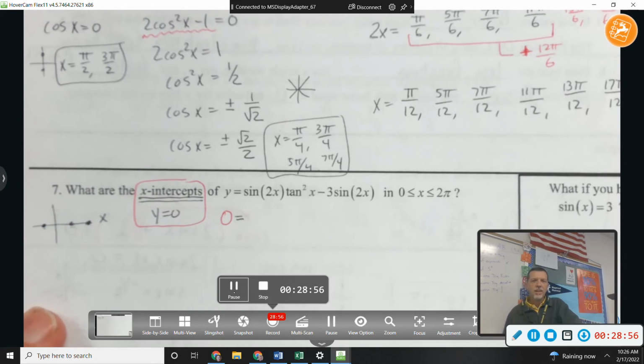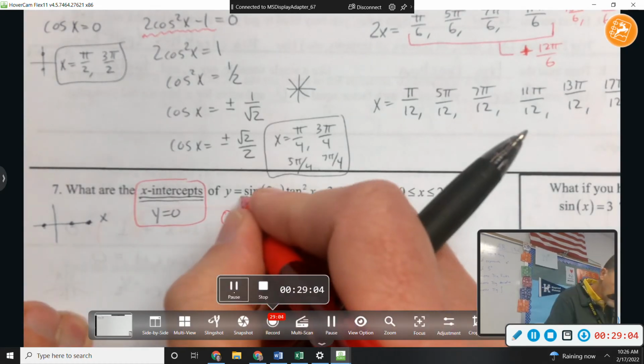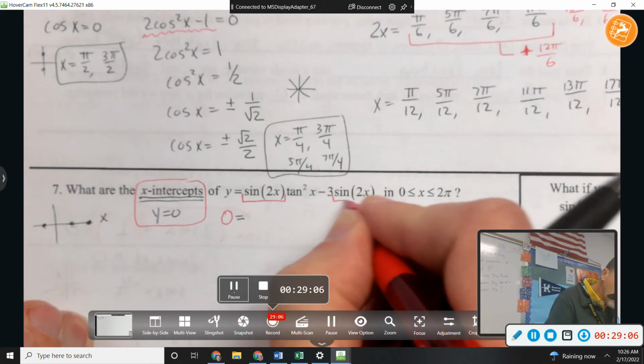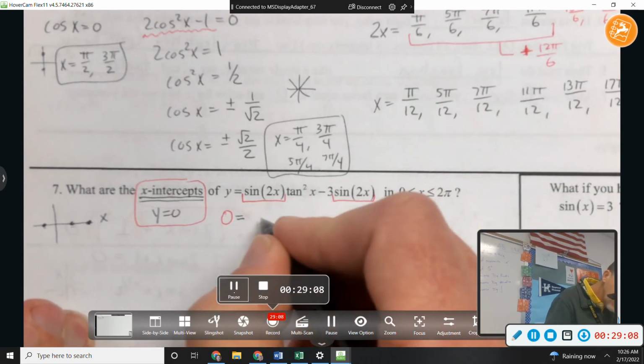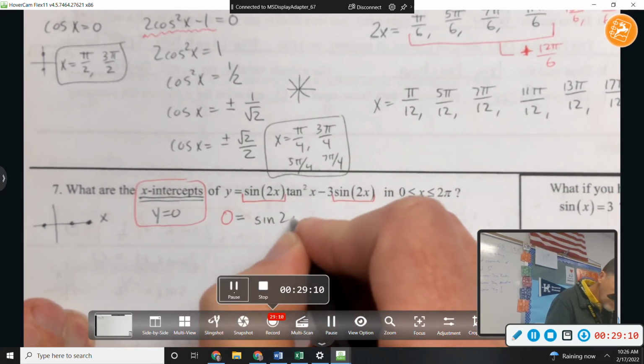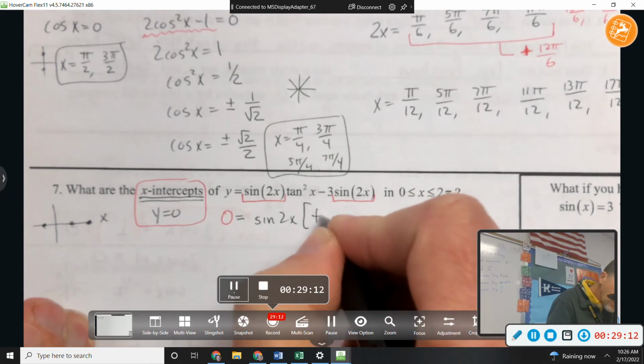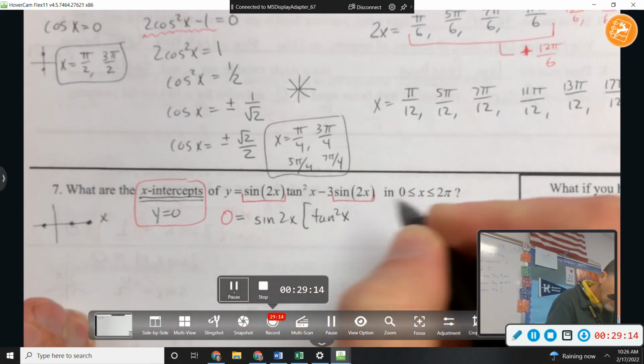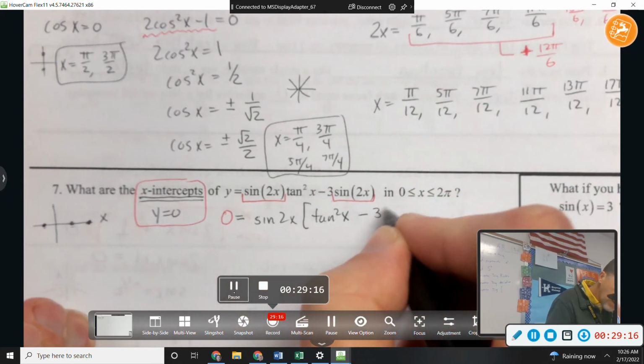Let's see. I think I can take out a sine of 2x. There's one of those in both of those. So sine of 2x times tangent of x squared minus 3.